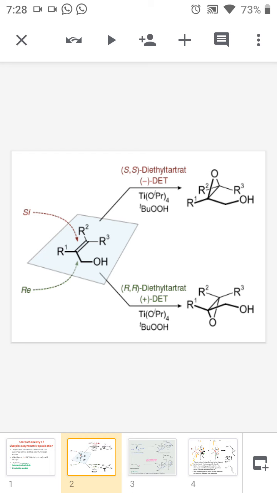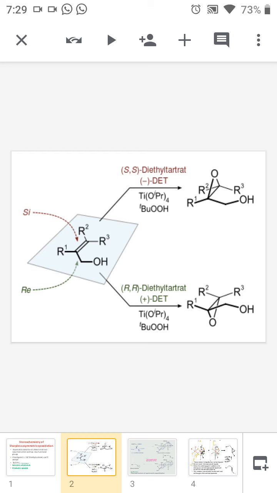So the result, if you are using minus DET, that means minus diethyl tartrate, then we will obtain the final product as the epoxide, but the epoxide oxygen is on the top face of the plane. Now if we use the plus DET, plus diethyl tartrate, our epoxide is formed in the downward direction. See the slide. So depending upon the chiral activity of the ligand diethyl tartrate, the product may change.